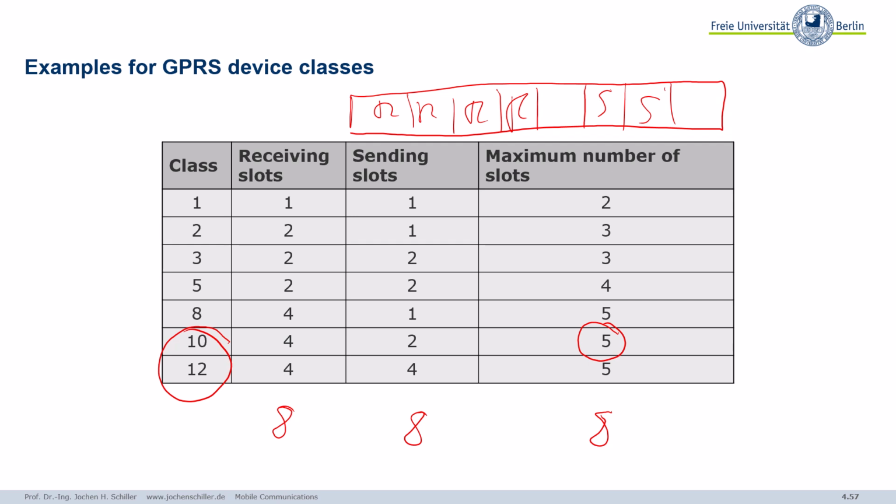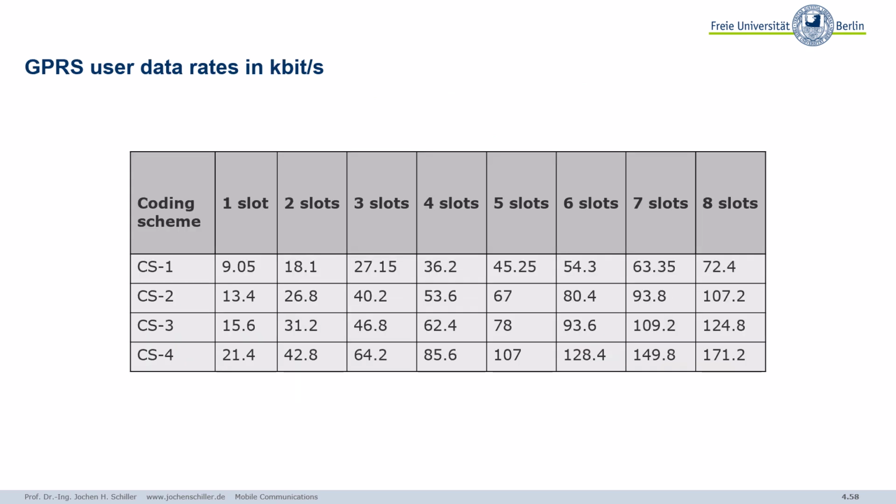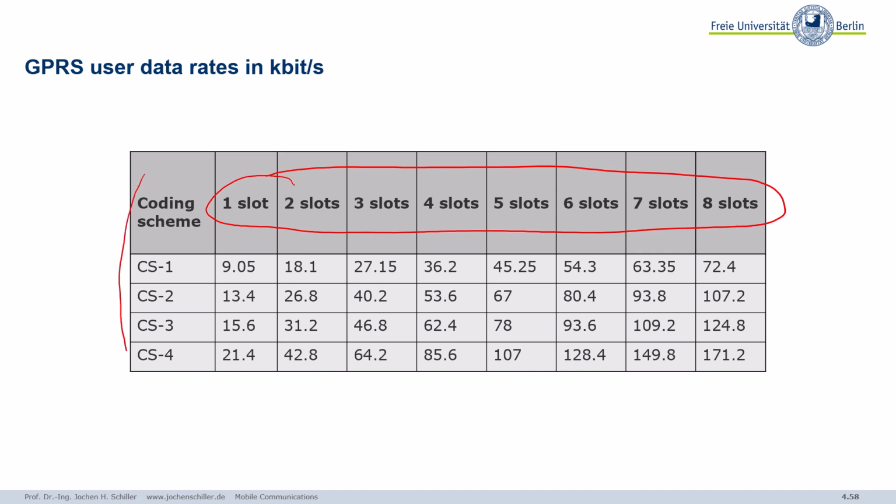So what are the data rates you can achieve in the end? The user data rates depend on the number of slots you're using, single slot or up to 8 slots, and it depends on the so-called coding scheme. The coding scheme basically tells you how much redundancy you will have, how you code your bits.